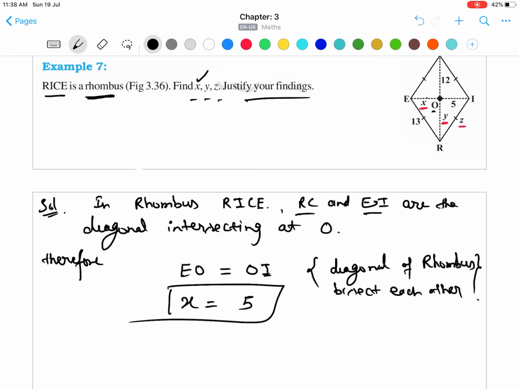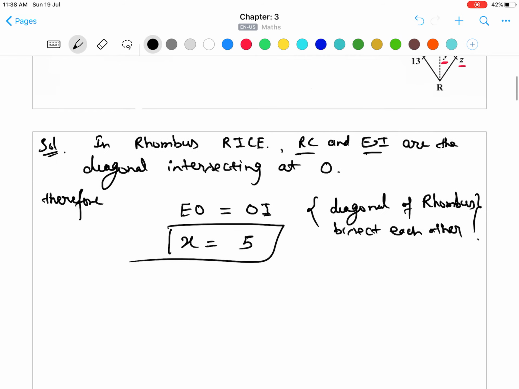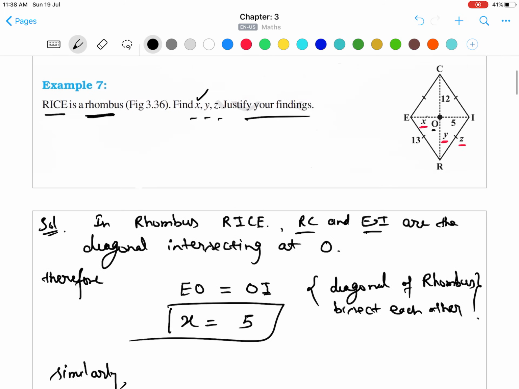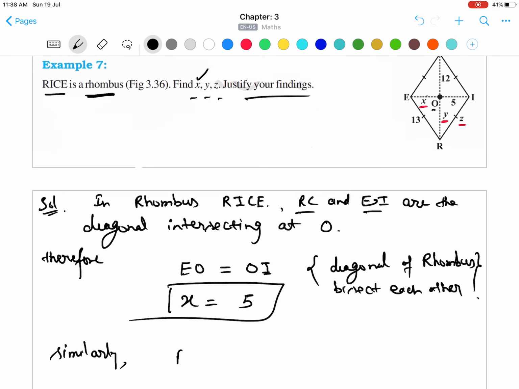Now we'll look at the y. Similarly, this side CO and RO will be equals to, that means RO will be equals to OC.